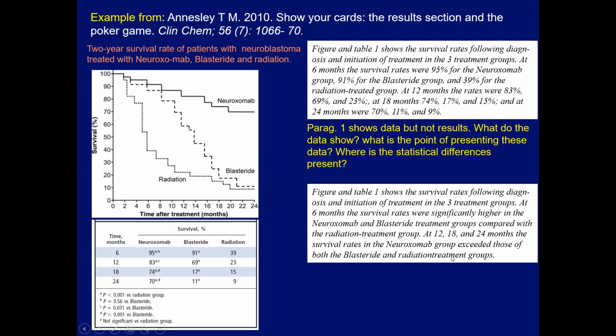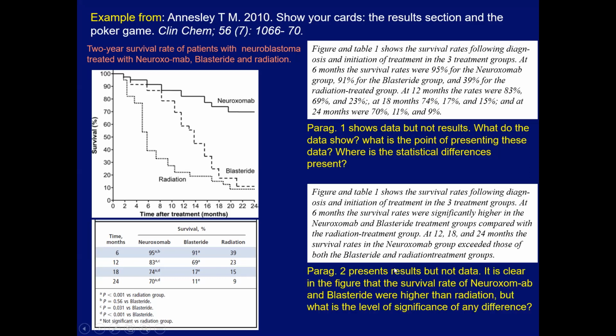So what we can find in that paragraph is that the author tried to give the findings or the interpretations of the analysis of the data presented in the first paragraph. This paragraph definitely gives the findings of the results, but not the data.